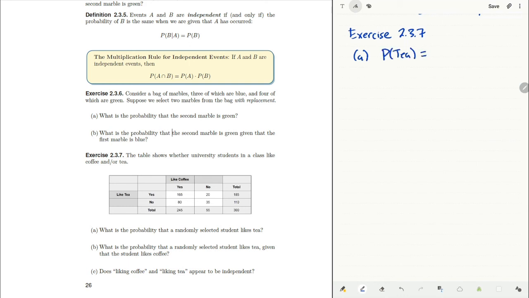To find this probability, we look at the total number of students that like tea, which is 185, and we divide this by the grand total. That gives us 185 over 300. Here I'm going to look at the decimal value as well, and this will be useful for us in the later parts. To 3 decimals, this would be approximately 0.617.